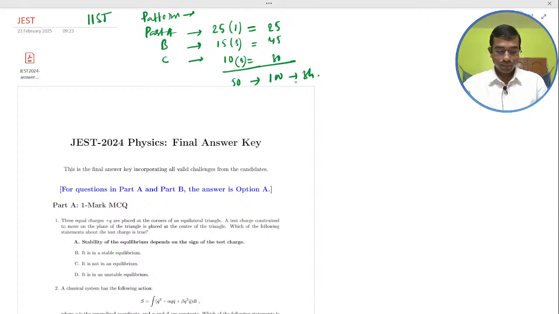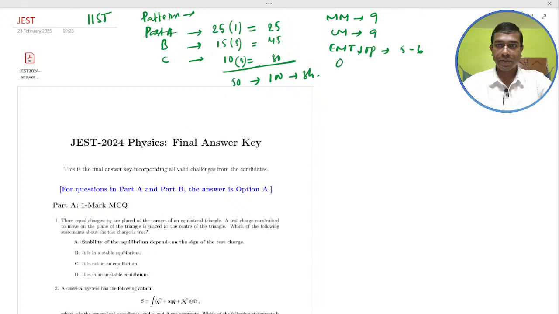Now the topic-wise pattern. First, the mathematical methods: there are 9 questions. Classical mechanics, 9 questions. Electromagnetism and optics, 5 to 6 questions. Quantum mechanics, 8 to 9 questions. Thermodynamics and statistical physics, 7 to 8 questions.